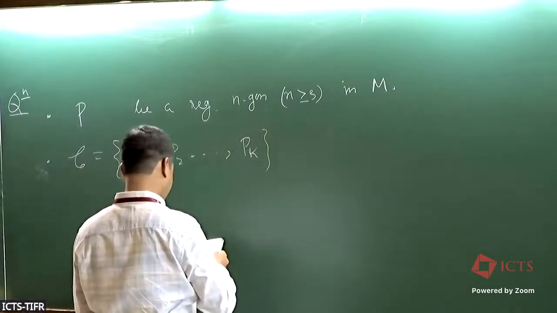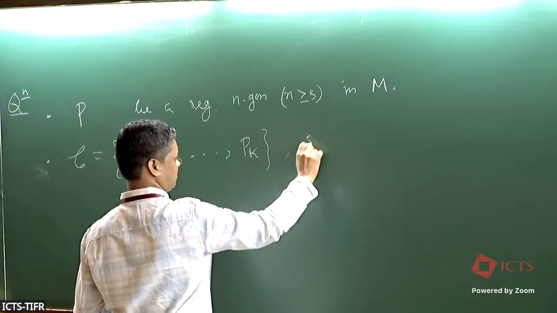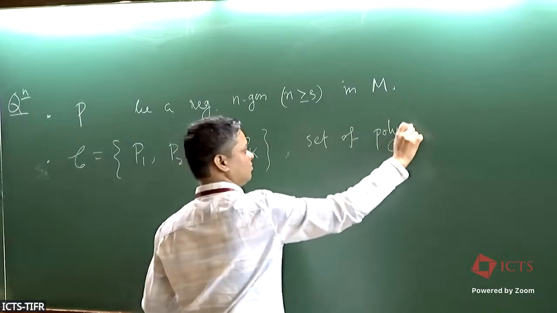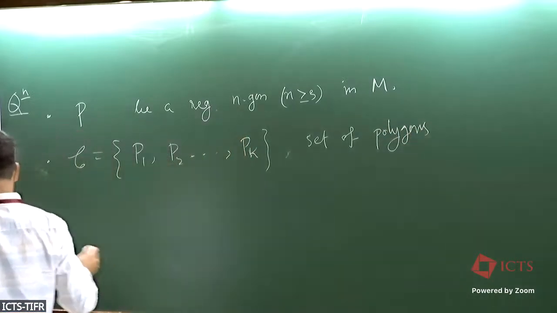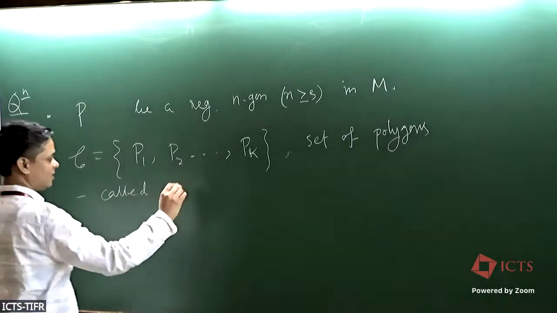This is a finite set of polygons, called a configuration of polygons.